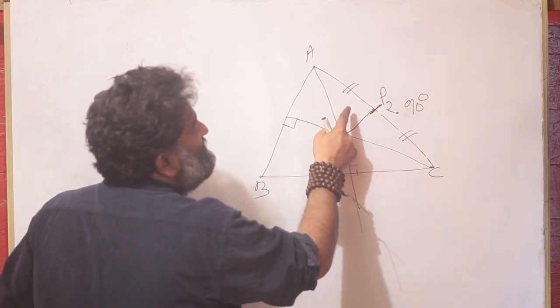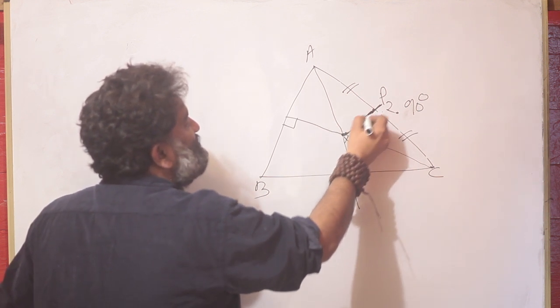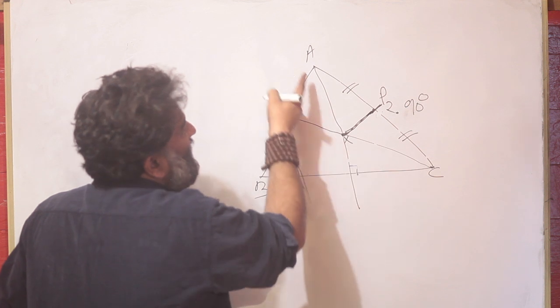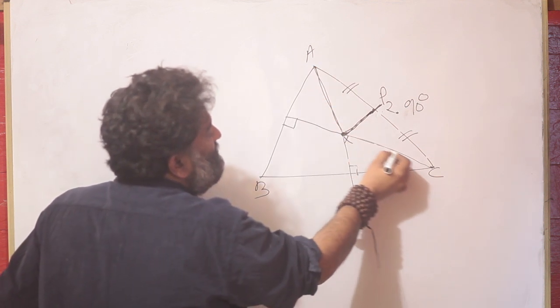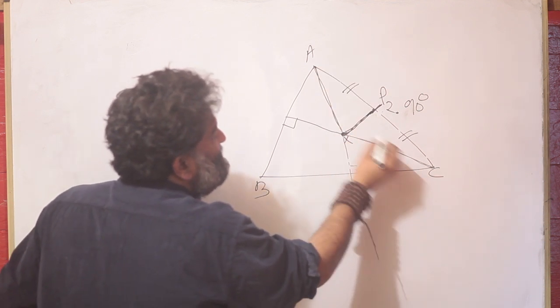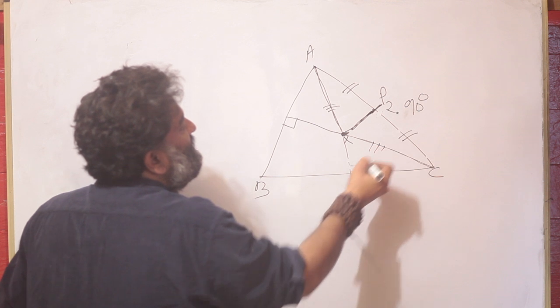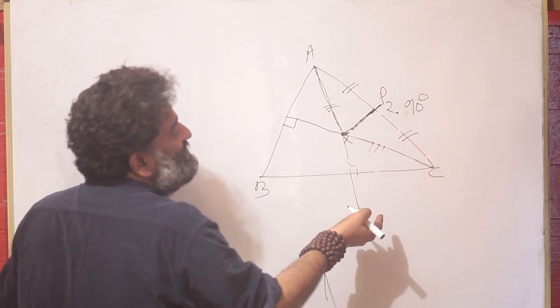And if I notice these two triangles, one side is equal to the other side, this side is common to both the triangles, and I just figured out that this point was equidistant from the two other vertices. That means this part is equal to this part, so they are also equal. That means if I think of these two triangles, they are congruent to each other.